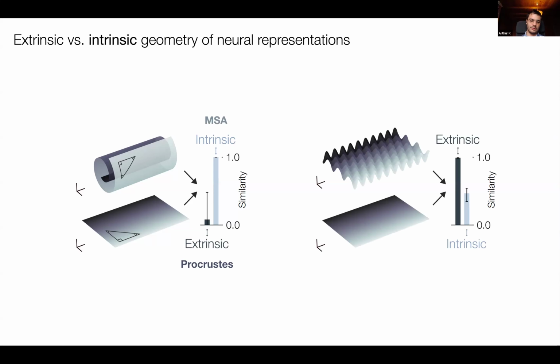So at the beginning, we saw in several examples that the intrinsic geometry was more insightful as to neural computations. And here it turns out that the relationship between the intrinsic and the extrinsic similarity can be quite weak, such that to really understand better neural computations, we really need to define a new intrinsic similarity metric.